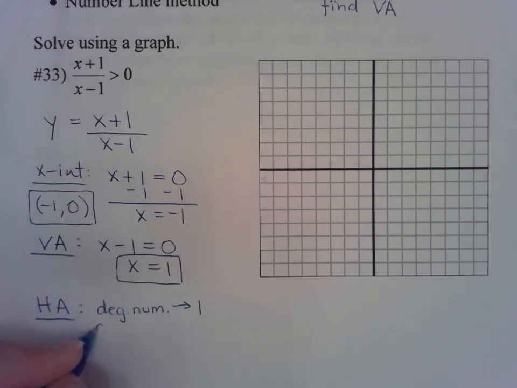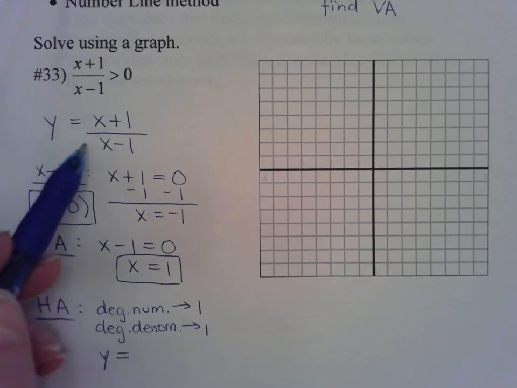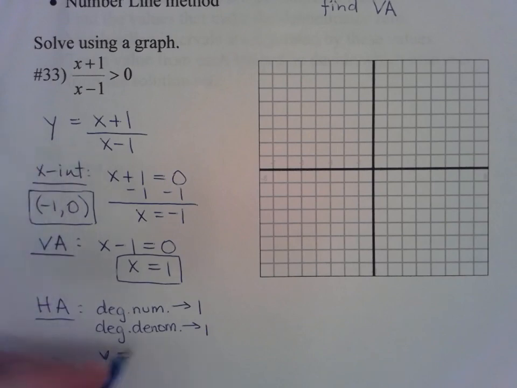That's x to the first, and the degree in the denominator is a 1. So we're going to do leading coefficient over leading coefficient. There's a 1 in the top over a 1 in the bottom. So 1 over 1 would just be 1. All right, so let's put that into our graph, and then we'll add some extra points where we need to.